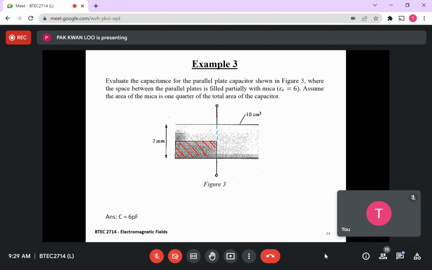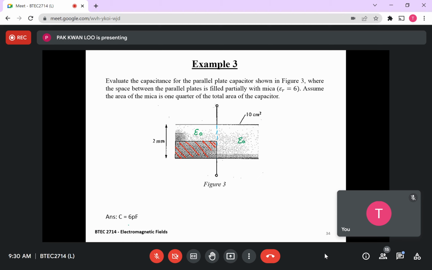So in one part of the area, you can see the two dielectrics are stacking. The unshaded region is air, right? We assume the permittivity of air, so the unshaded region has permittivity epsilon naught.